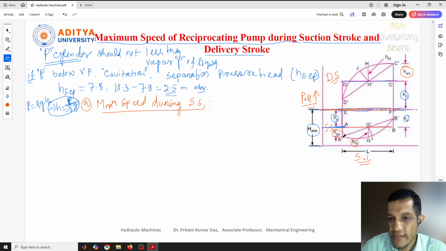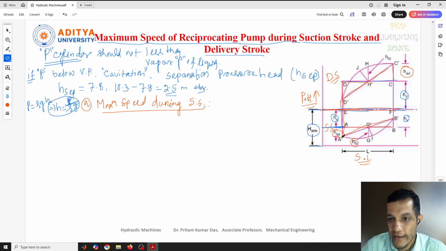If I consider only A dash, B dash, C dash, D dash, that is the effect of acceleration in the suction pipe and delivery pipe. The first one, A, B, C, D, is the ideal indicator diagram; the second is the effect of acceleration in the suction pipe and delivery pipe.